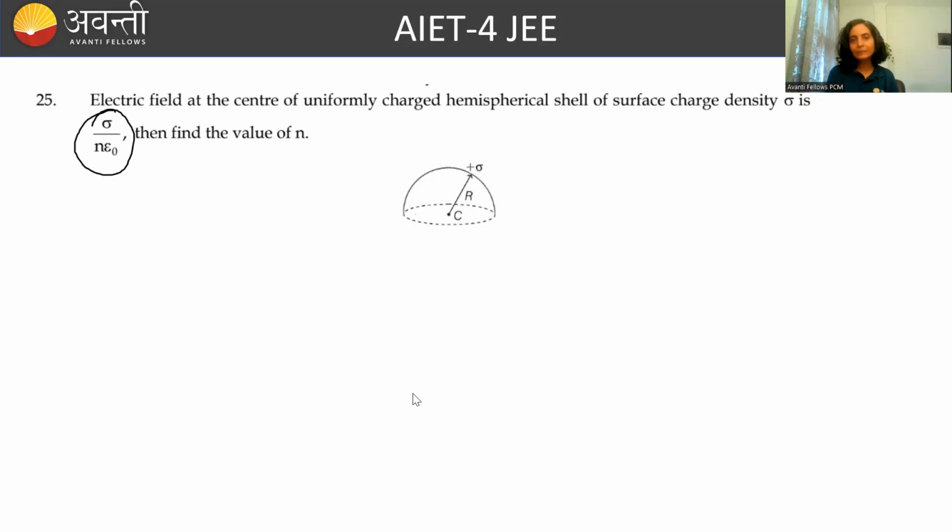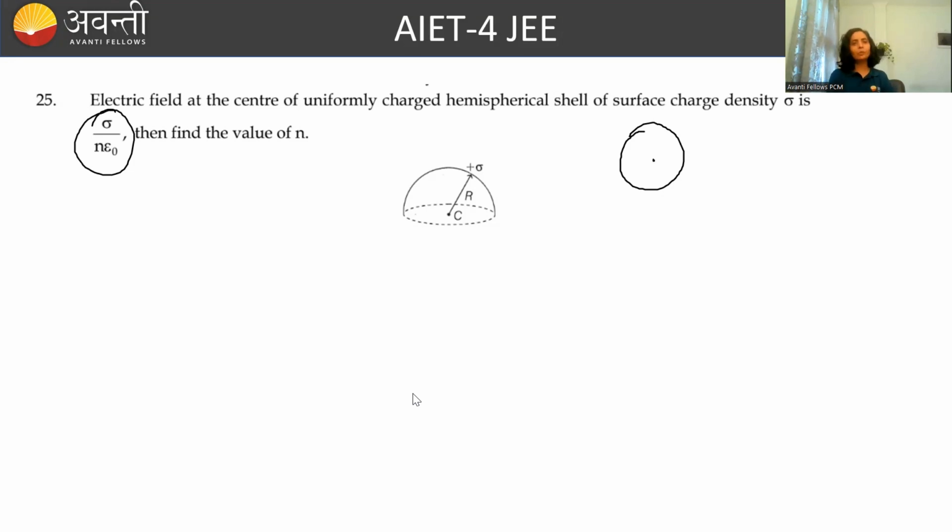So we have studied several formulas, like if there is a hemispherical shell, what will be the electric field at the center, on the boundary, and also at any point outside the hemispherical shell. We have studied for many types of shells, but you may not have studied the formula for electric field because of a hemispherical shell of surface charge density sigma at its center.